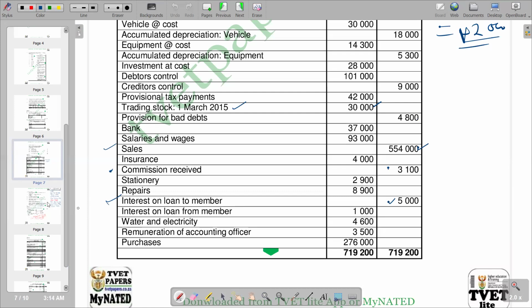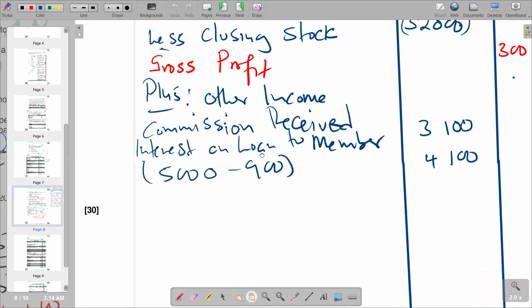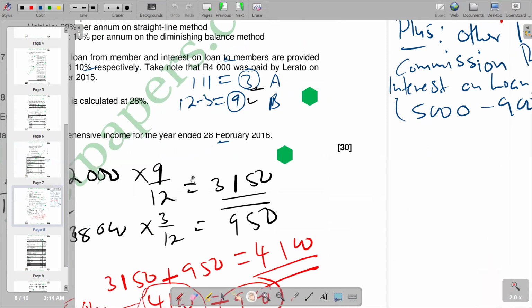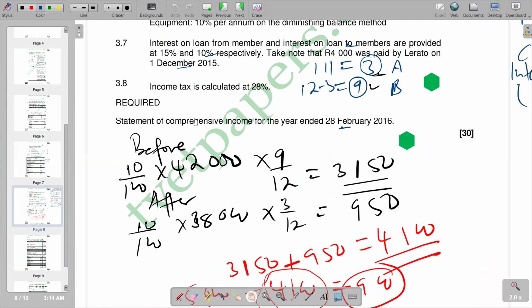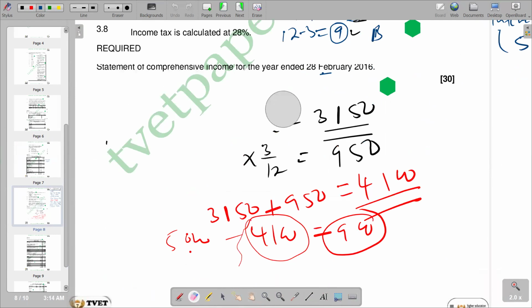So if we have exhausted our incomes in the trial balance, we can as well go to additional information to check for other incomes. So let's just try to remove this.